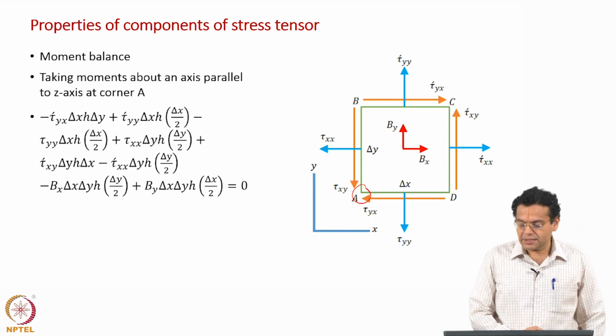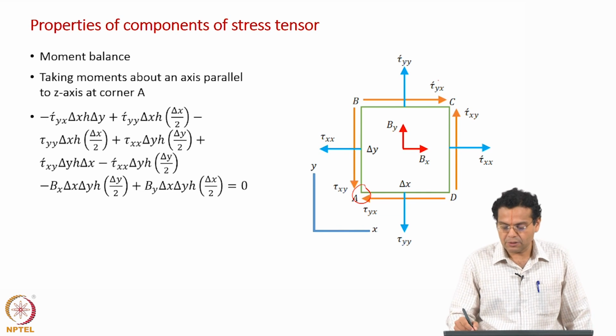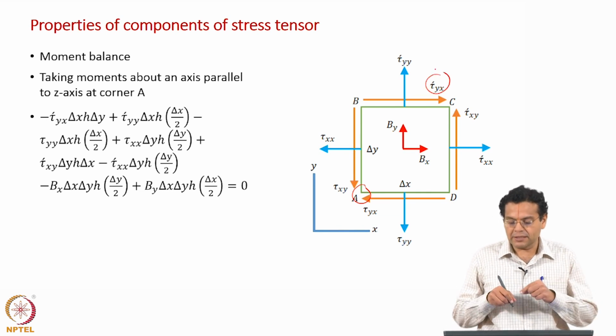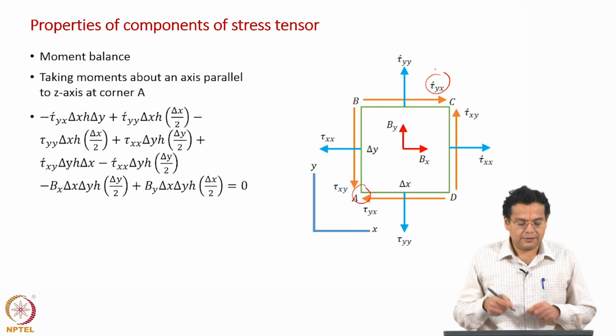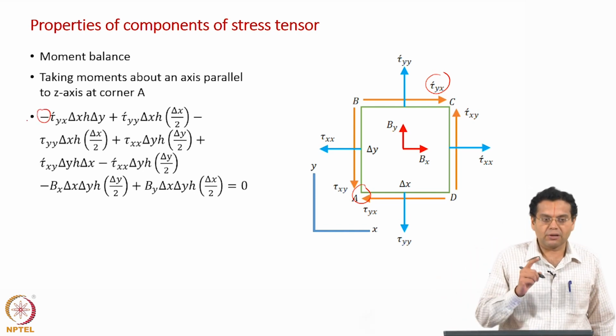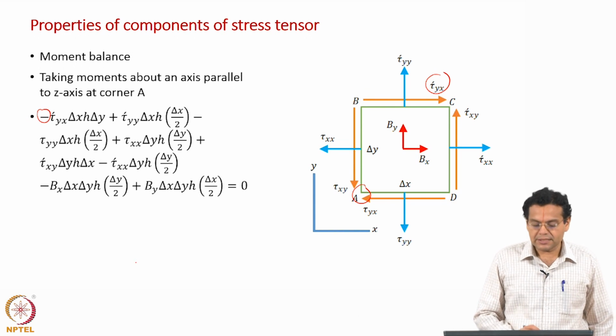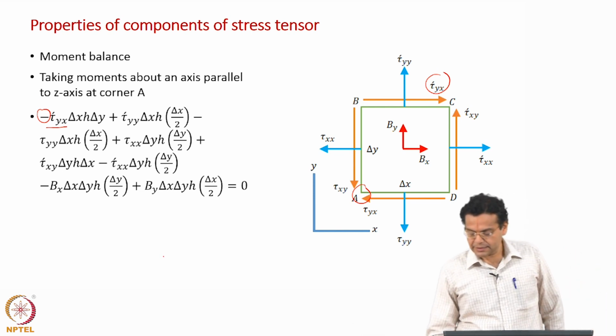Okay. So, tau dash yx, tau dash yx. If you pivot it and allow that force alone, it will rotate in the clockwise direction. Okay. That is why it is negative, anti-clockwise is positive. And what is the stress? Of course, tau dash yx. What is the area? The area is delta x into h.